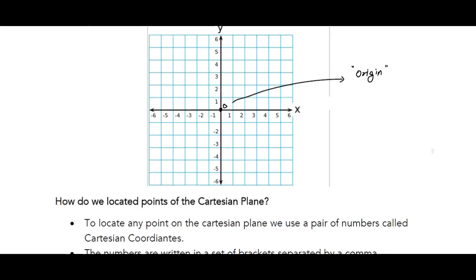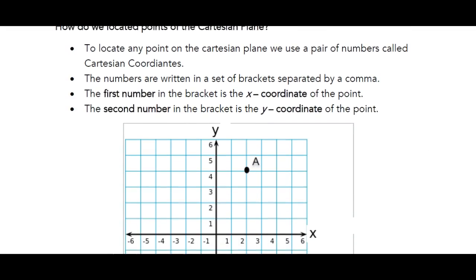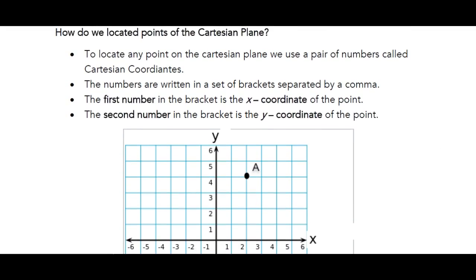So the first part of today's lesson, we are going to locate points on a Cartesian plane. To locate any point on the Cartesian plane, we use a pair of numbers called Cartesian coordinates. These numbers are written in a set of brackets separated by a comma. So for example, (2, 3).